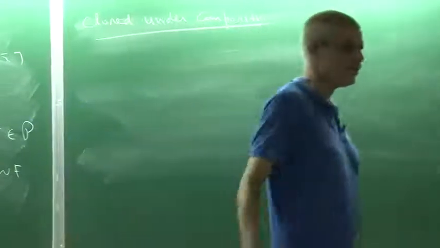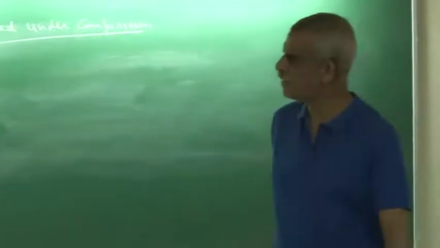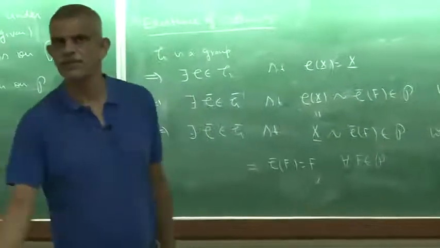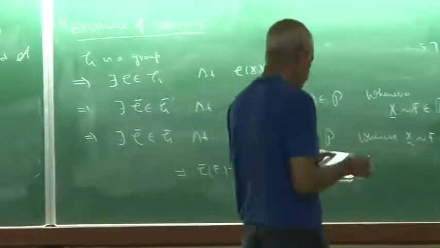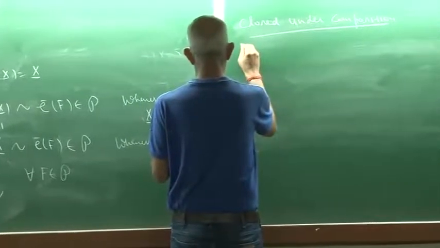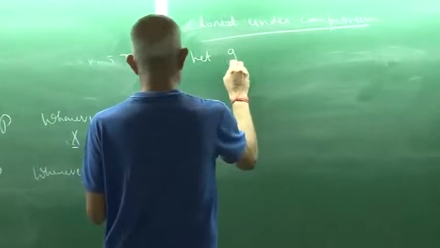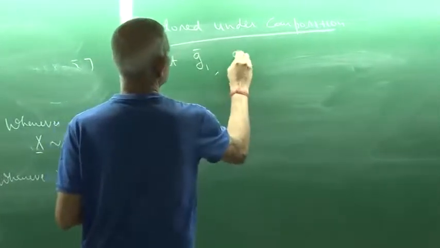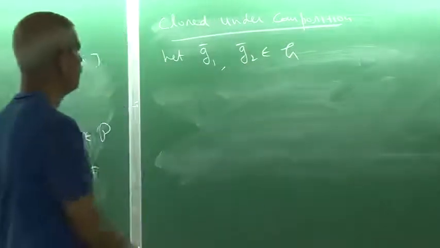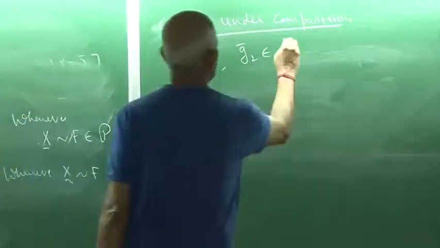For that, what I have to show is that if G bar 1 and G bar 2 are in G bar, then G bar 1 composition G bar 2 is in G bar. So let G bar 1 and G bar 2 belong to G bar. So what does that mean?